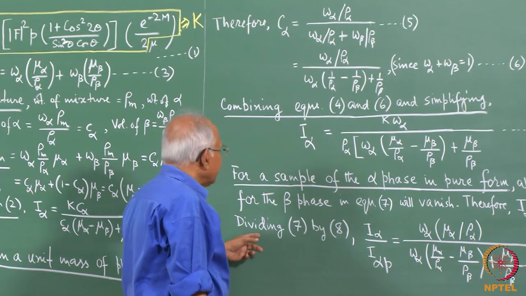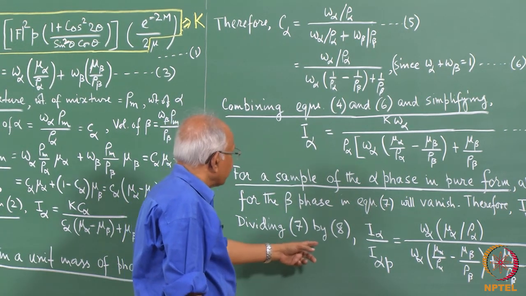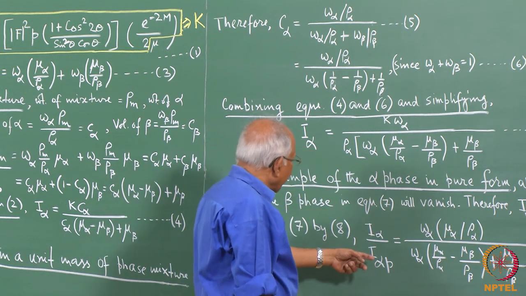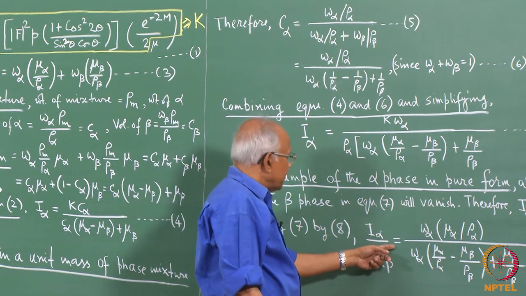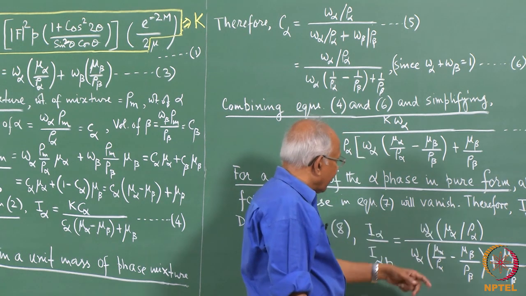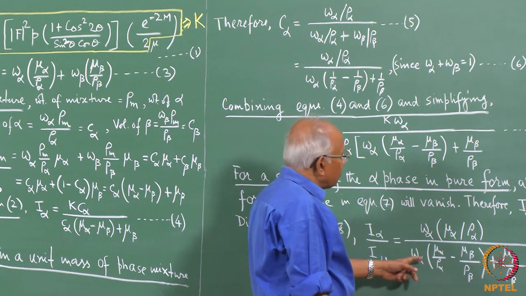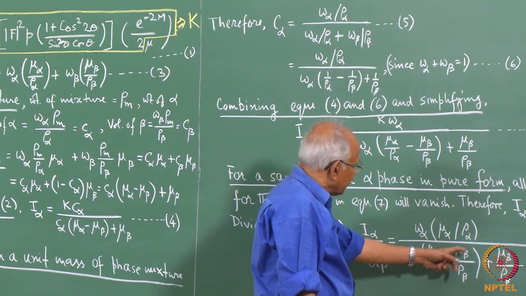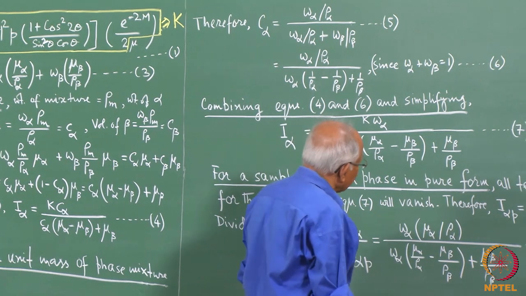Now if we divide equation 7 by equation 8, we can write down I alpha divided by I alpha p will be equal to W alpha into mu alpha by rho alpha divided by W alpha into mu alpha by rho alpha minus mu beta by rho beta plus mu beta by rho beta.